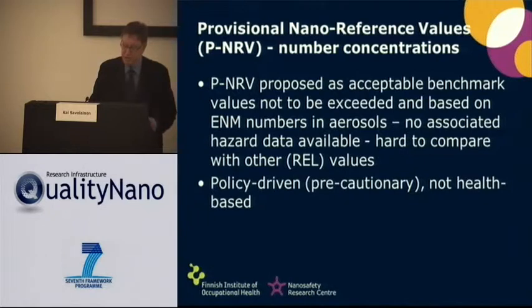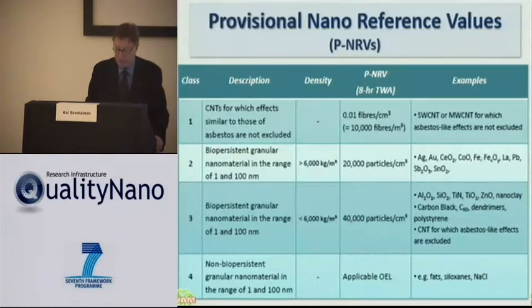They are not supported by hazard data, so it's difficult to compare these values, for example, with recommended exposure levels issued by NIOSH, but not implemented. These provisional nano-reference values are not implemented anywhere either, but they've been proposed by the German institutions and also the Dutch government. These are policy-driven, precautionary, and not health-based values.